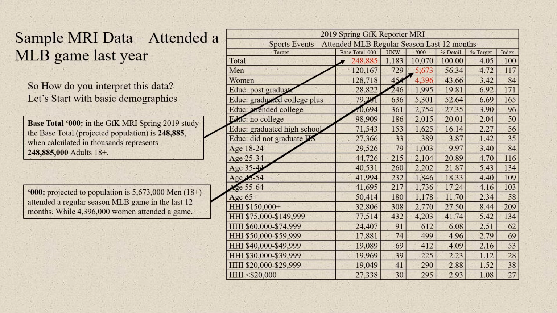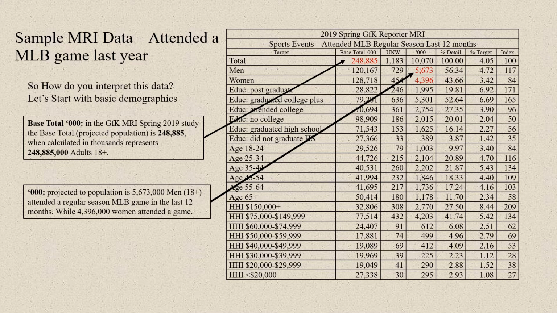The second number is you'll notice that it's the projected population of the people who have done this particular thing. Okay, and so you'll notice that under total it says 10,070. That means that according to this survey, 10,070,000 people, different people, attended a Major League Baseball game last year.